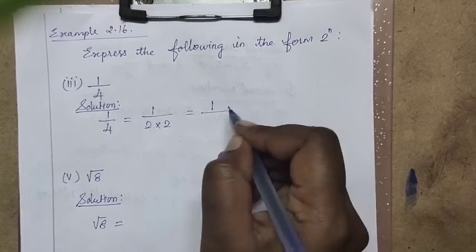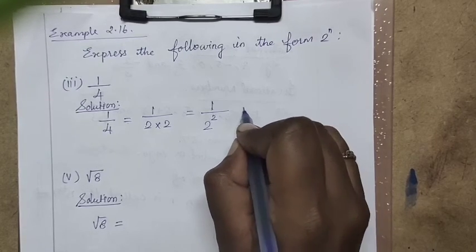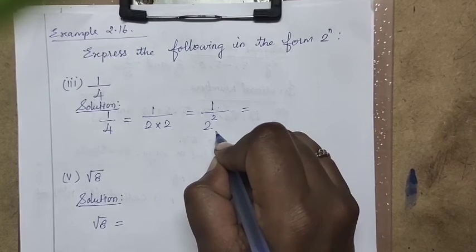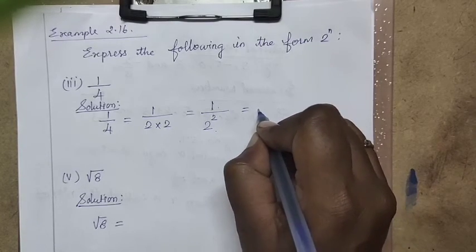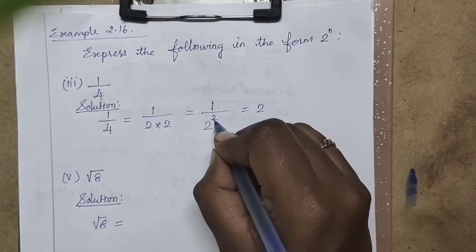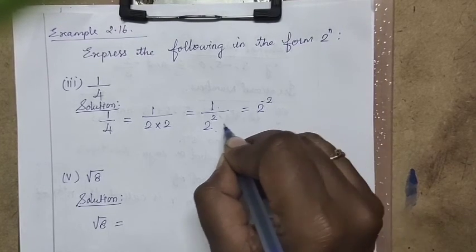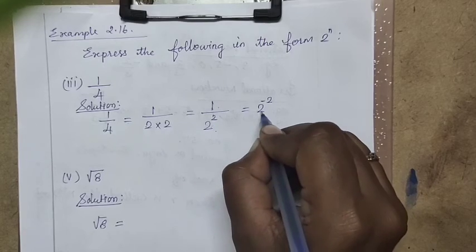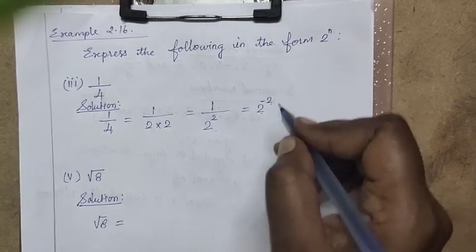Now, we can write it as 2 to the power 2. It is in the denominator. So, when you write it in the numerator, the power will have a minus sign. So, here 2 to the power minus 2 is the answer.